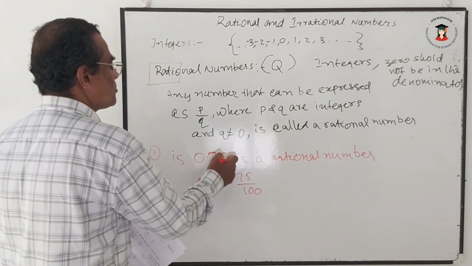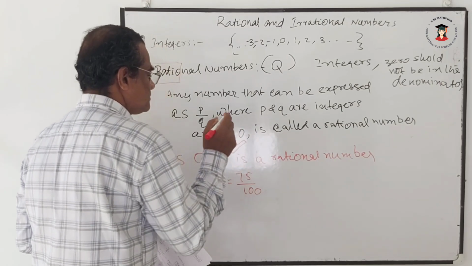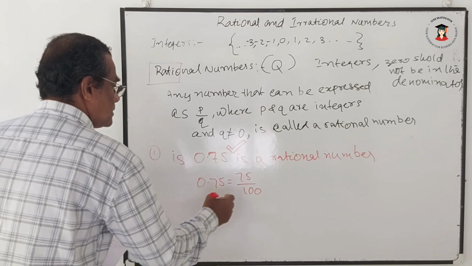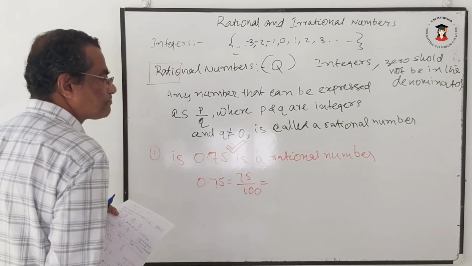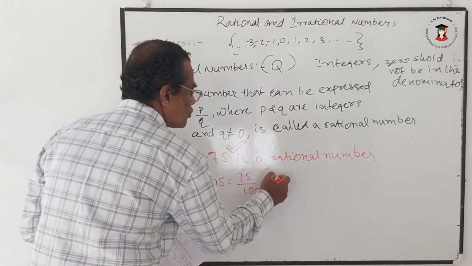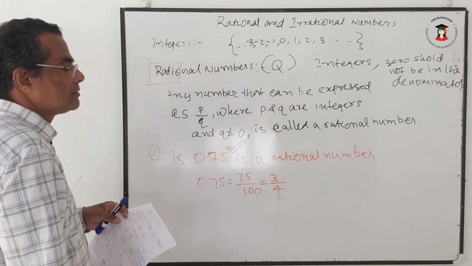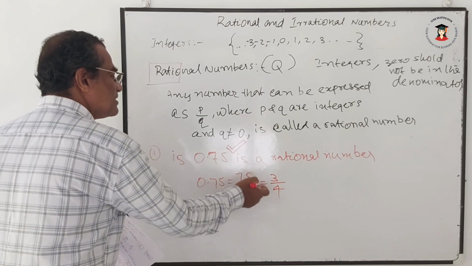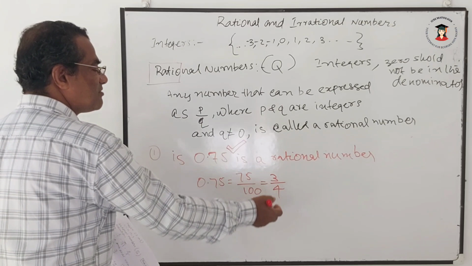Hence, 0.75 is a rational number. This I can further reduce to 3 by 4 by dividing the numerator and denominator by 25. This is again a rational number, but it is in the simplified form.